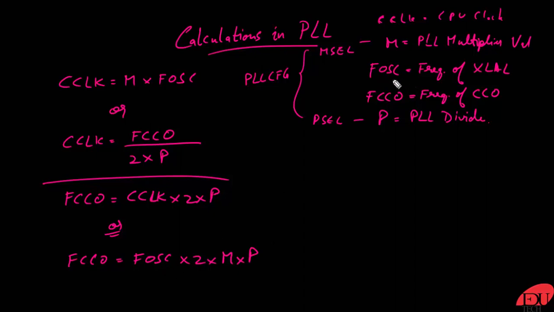Now the frequency of crystal oscillator is in the range of 10 megahertz to 25 megahertz.